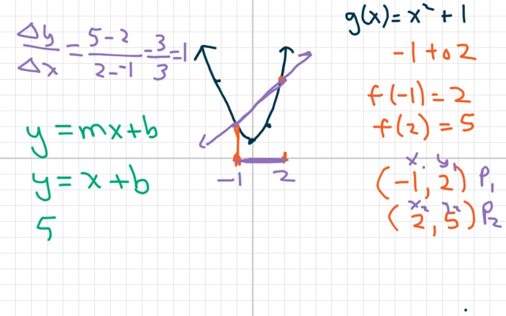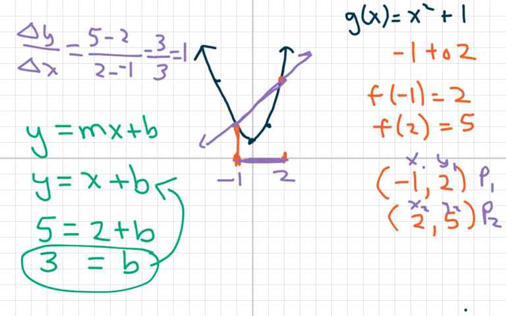So I'm going to get y equals 2 plus b, so b has to equal 3. So I'm going to plug my b back into my equation. So the equation of the secant line is y equals x plus 3. Clearly you can see the 3. That's your y-intercept right there.